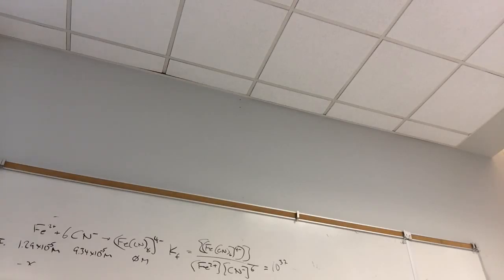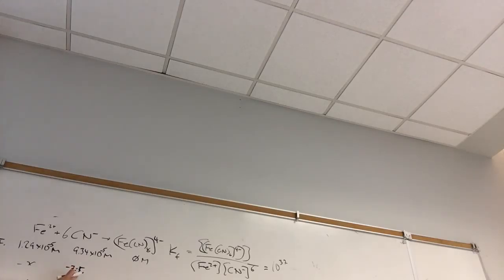Assuming the solution dilutions are correct, what's 6 times 1.29? What is it? 7.5. So we have more than 7.5. We have 9.34. So our ions are limiting reagents. And so we need 7.5.